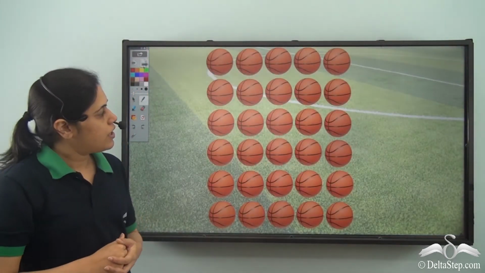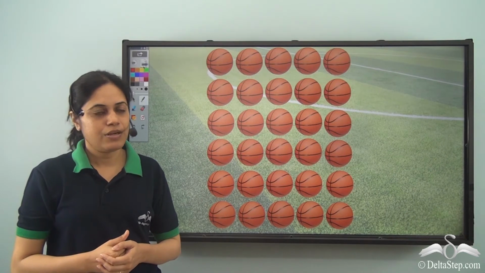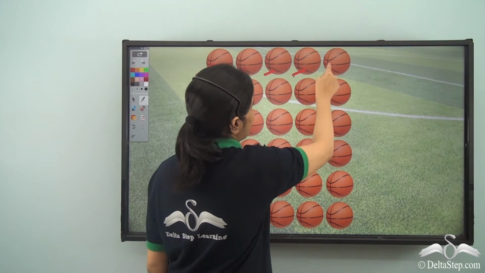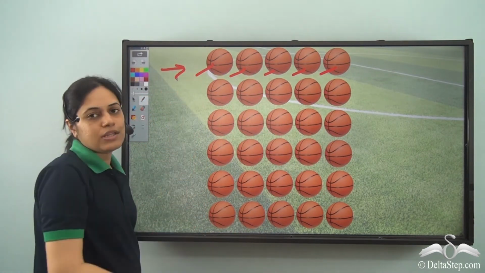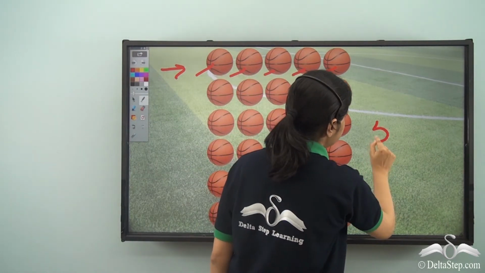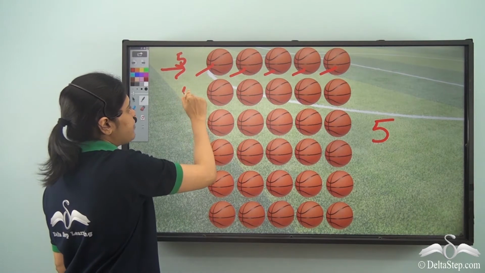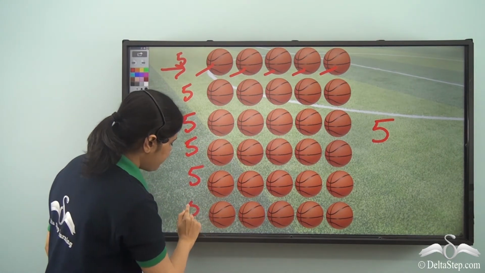Now, can you tell me how many balls are here without counting them? So we see that 1, 2, 3, 4, 5. So in each row, there are 5 balls. So we have 5 here, 5 here, 5 here, 5 here, 5 here, 5 here.